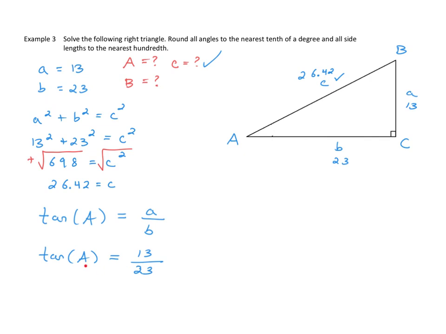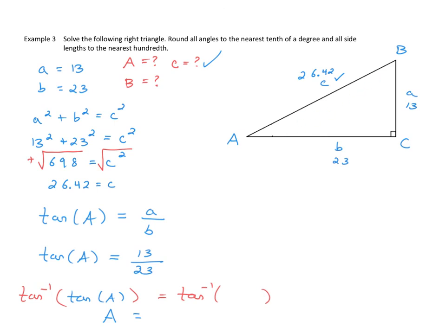This equation is different because the thing I don't know is inside the function tangent. If you want to find the angle A, what you're going to have to do is apply tangent inverse to both sides of this equation. And the reason for this is, well, tangent inverse of tangent of A is going to equal A. It's going to be some angle that is between 0 and 90 degrees, which, by the way, is perfect.